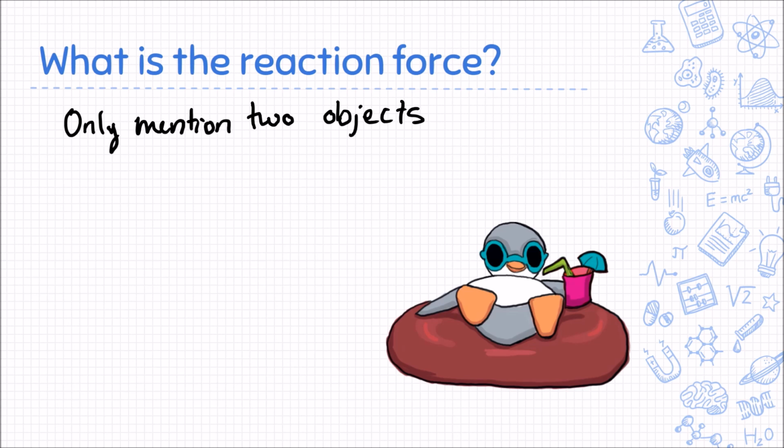What if we make it a little harder? We say, what is the reaction to the Earth pulling Sigmund into the inner tube? In that case, I'm being a little tricky by mentioning 3 objects all at once, but let's try to think about what 2 objects are really interacting with these forces. So we need to figure out which object is not necessary.